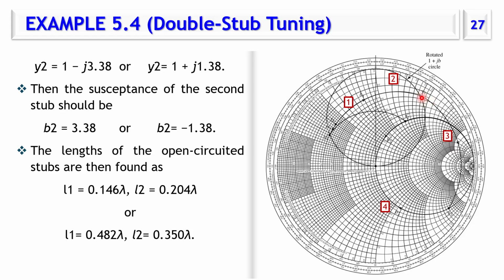Y1 we did like before, 0.146 from this point to this point, so we go from 0.4 almost to 1.8, so it's 1.4, and so on and so forth. So this way you can solve the problem.